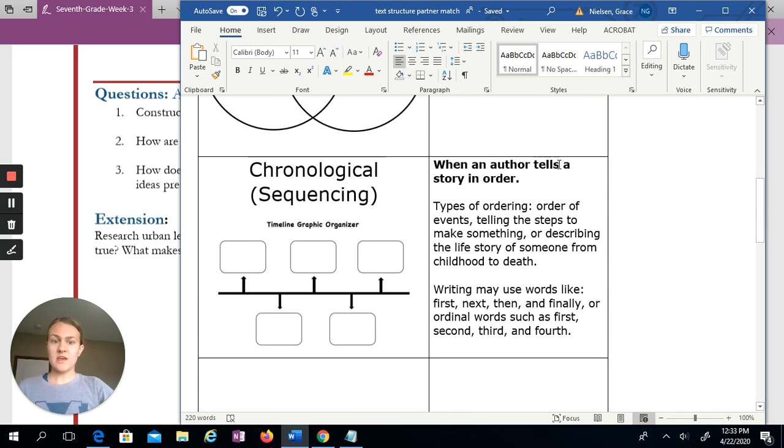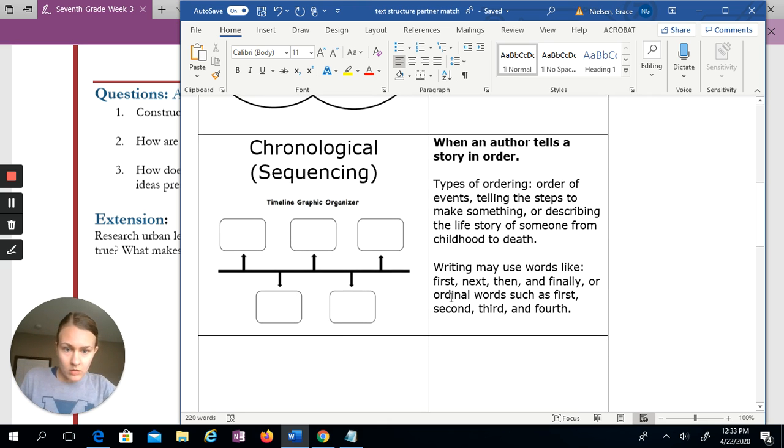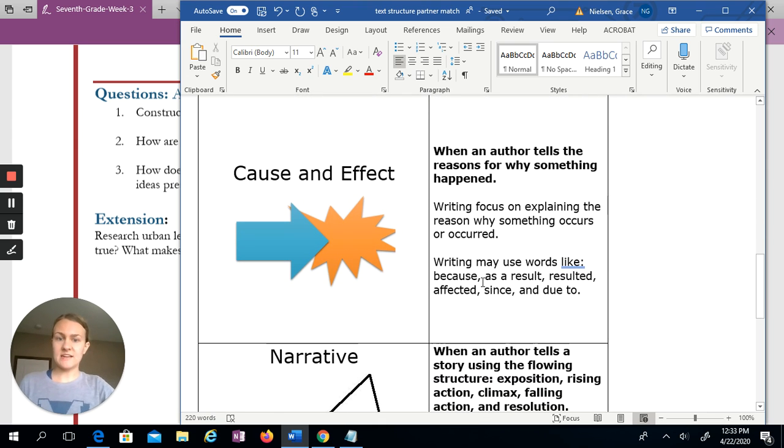Chronological: when the author tells the order of events, describing the life story of someone from childhood to death. Writing may use words like first, next, then, finally, or ordinal words such as first, third. Cause and effect: the author tells the reader why something happened.